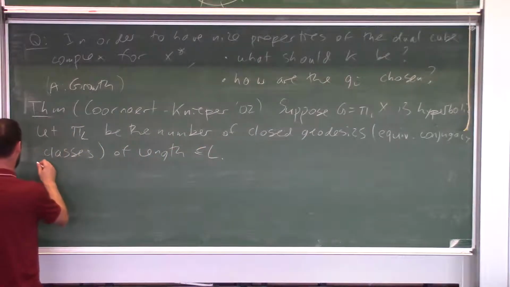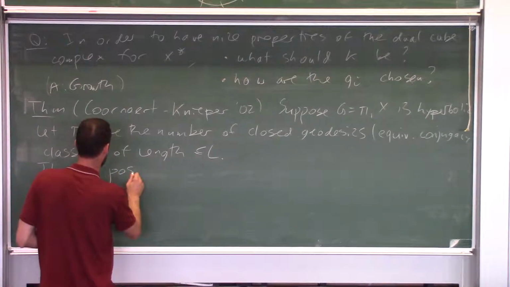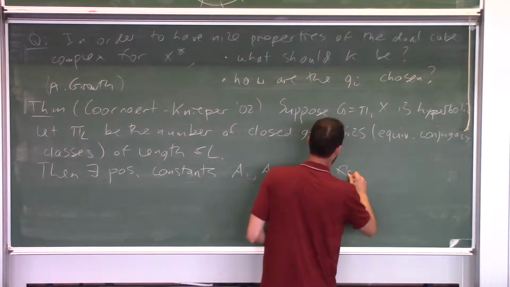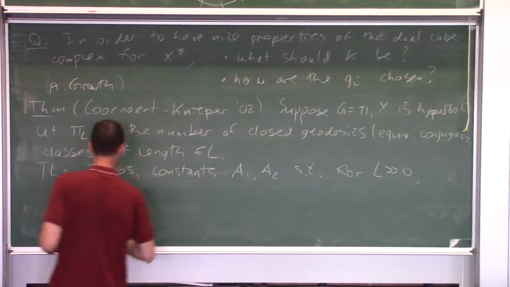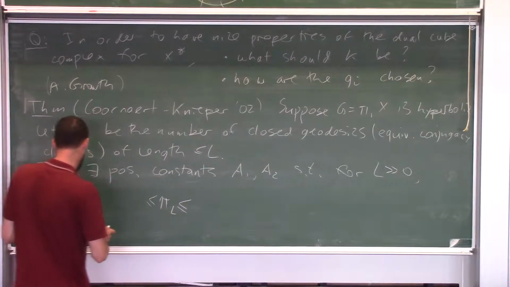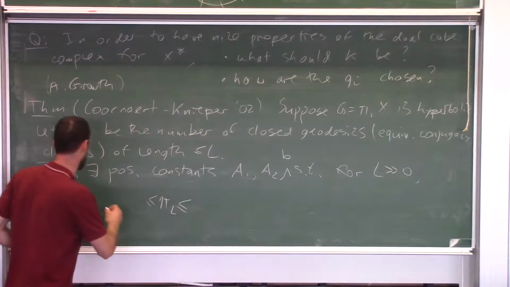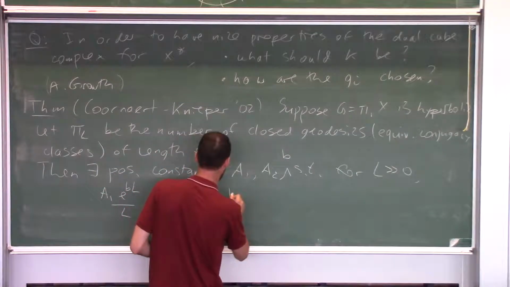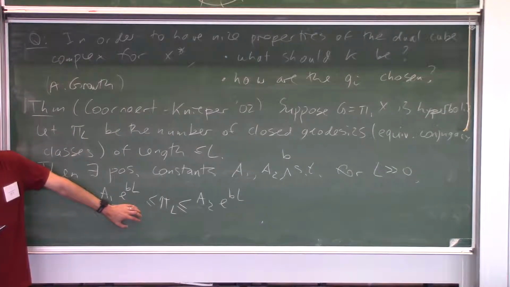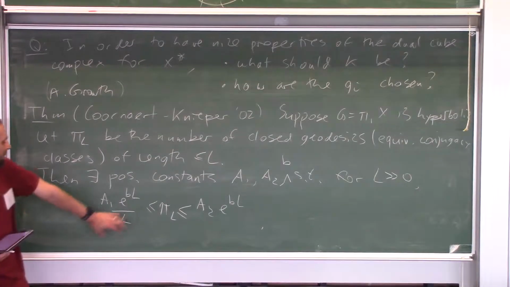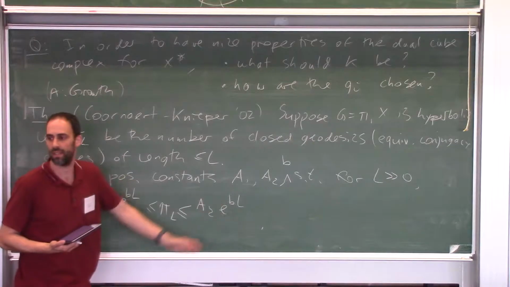Then there exist positive constants A1 and A2, such that for L sufficiently large, the number of closed geodesics of length at most L is bounded above and below by essentially exponentials in L: A1 e to the BL over L, and A2 e to the BL over L. So if you ignore this factor of L in the denominator, this is saying that the exponential growth rate of the group is exactly this constant B. In fact, if you just wanted to count elements of the group as opposed to conjugacy classes, then you can get rid of this L in the denominator. But if you want to count conjugacy classes, then this is what you get.